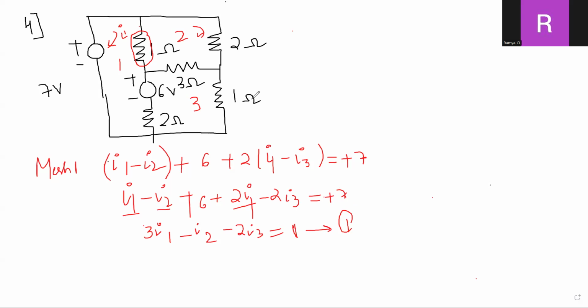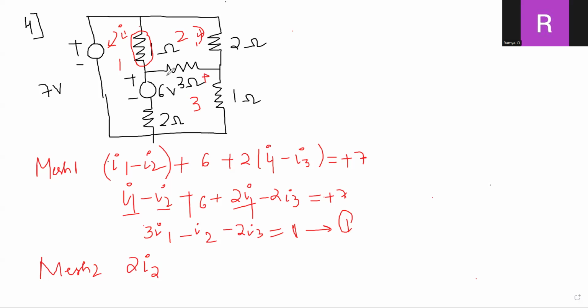So now we will be applying KVL for mesh 2. Tell me, children, here no resistor is shared with anything, so it is just 2I2. Understood? 2I2. Now this one, what is it, children?